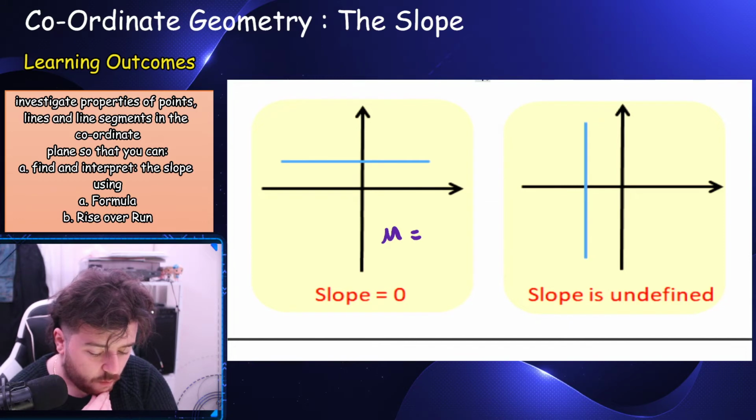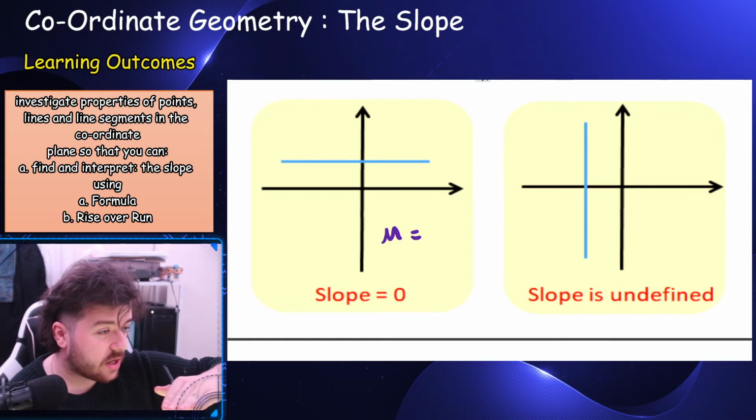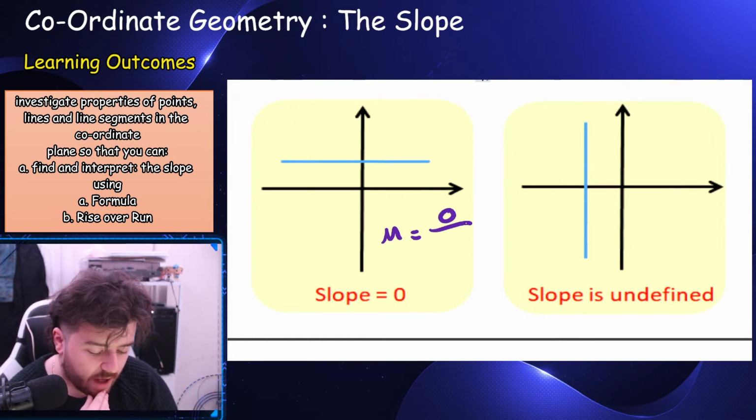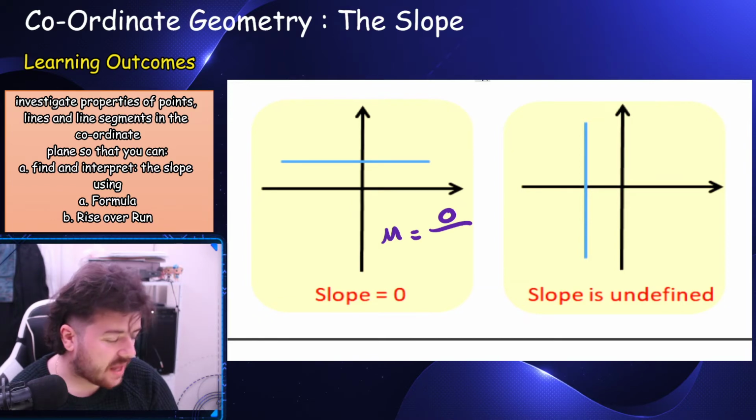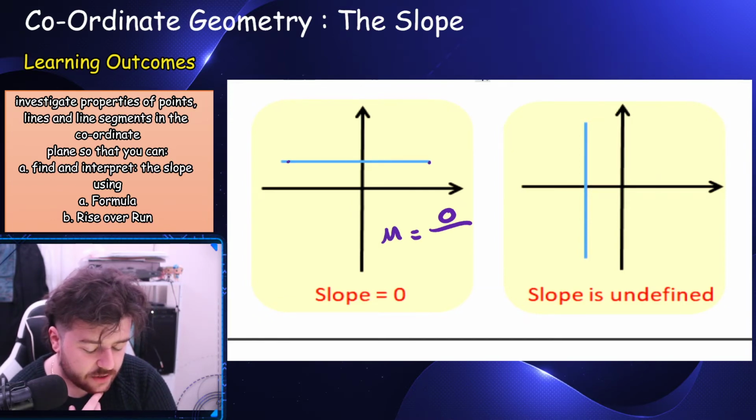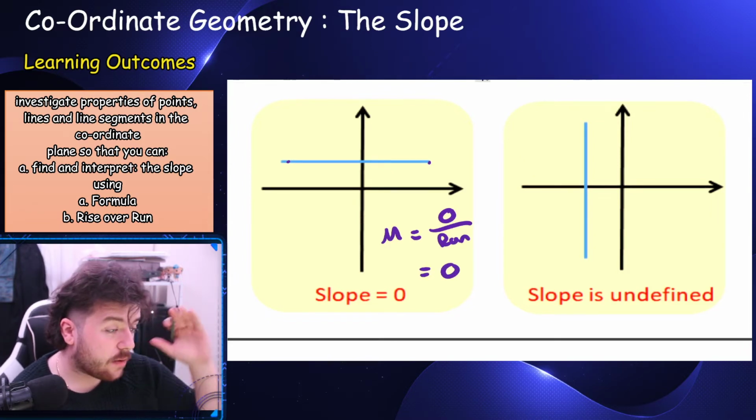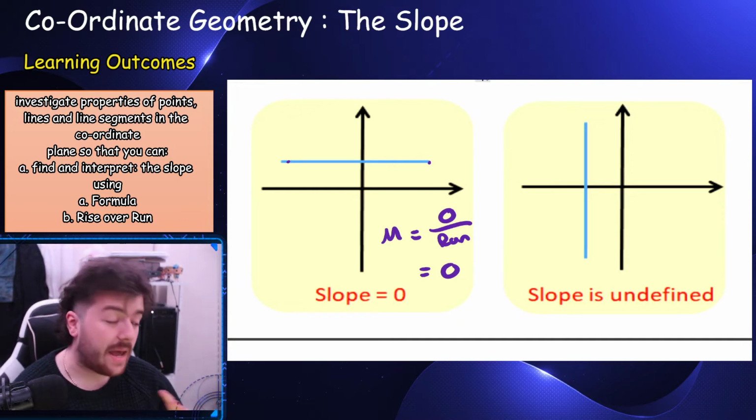Here, what is the change in height of my graph? It's 0, because it's perfectly horizontal. So it's 0 on top, and on the bottom it's the distance between these two points, my run. But that's going to equal 0 anyway, because a 0 on the numerator of a fraction makes the whole fraction 0. So that's why my slope is 0 there.